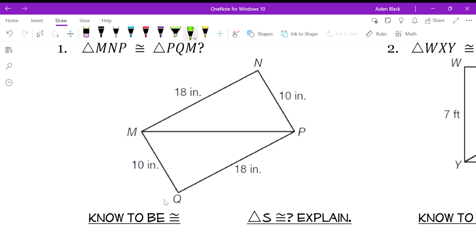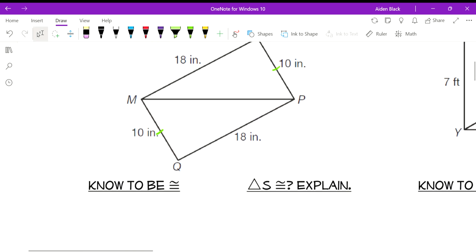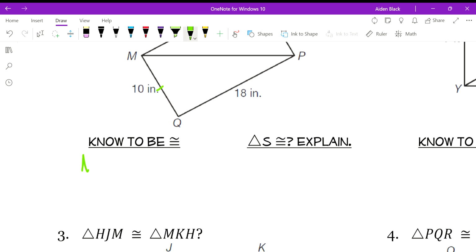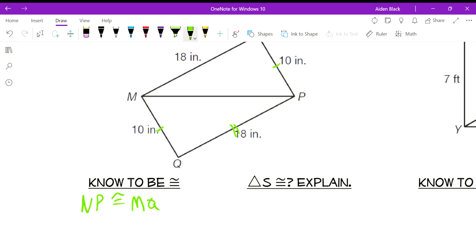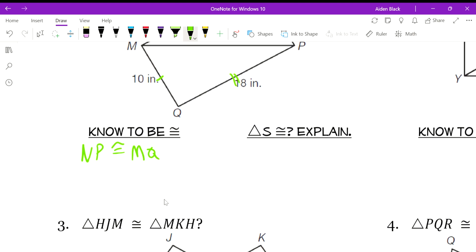You can start out by saying, well, we know these NP and MQ, these two segments are both 10 inches, so they are the same length, which means they're congruent. So NP is congruent to MQ. We also know that QP and MN are congruent because they're both 18.